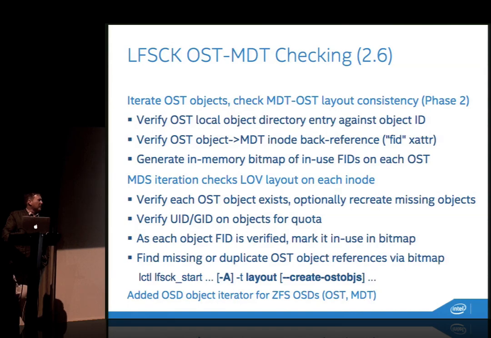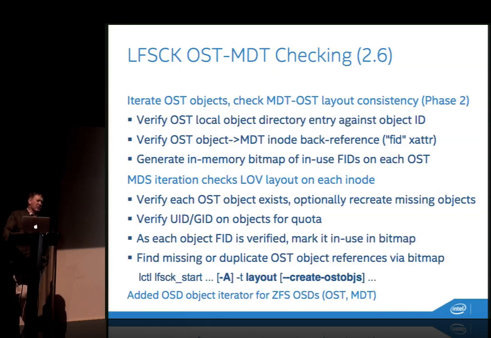The OSTs, when they start up their scan, generate a bitmap of all the objects that exist locally, and then they keep track of all of the objects that get referenced during the scan. By the time they get to the end of the scan, they know if there are any objects that existed at the beginning that were never referenced by any MDT object, and so we can figure those ones out as being orphans.